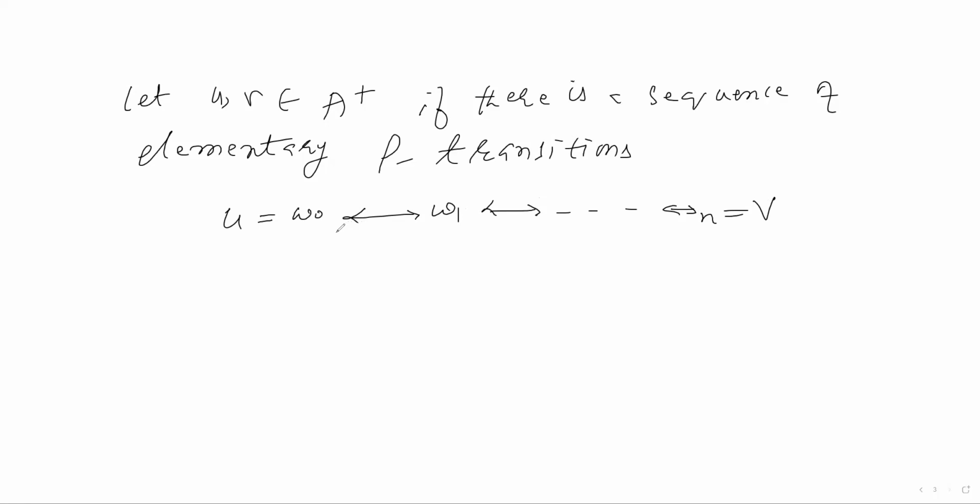Then we say that this pair u, v is a consequence of rho.